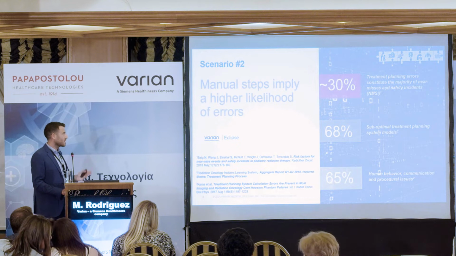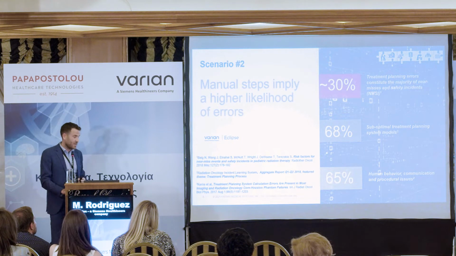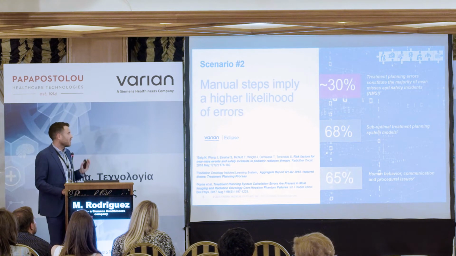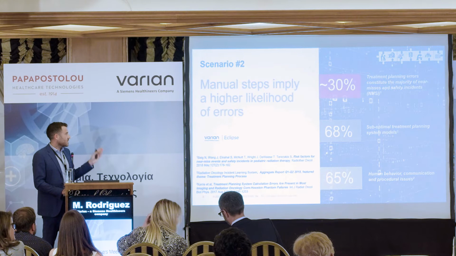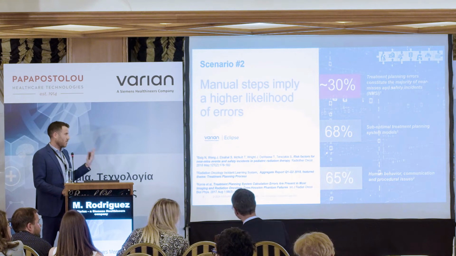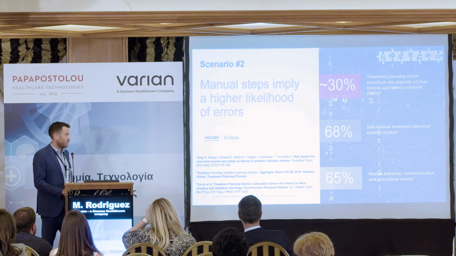Also, another report showed that 68% of the issues that they have during patient QA were coming from improper use of the treatment planning system. And at the end, all these manual steps are bringing 65% of the potential errors that we have in radiation therapy.